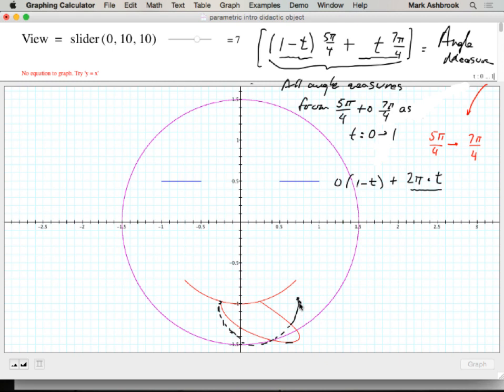And then if you can figure out what x does, then you can graph this. Now the center of this thing is 0.25 and negative 0.95. That's the center of the circle, right about there.